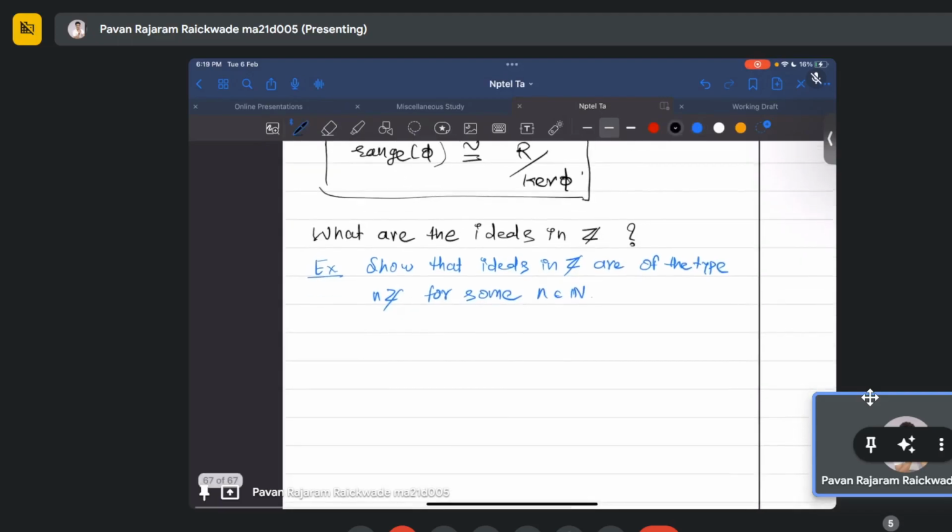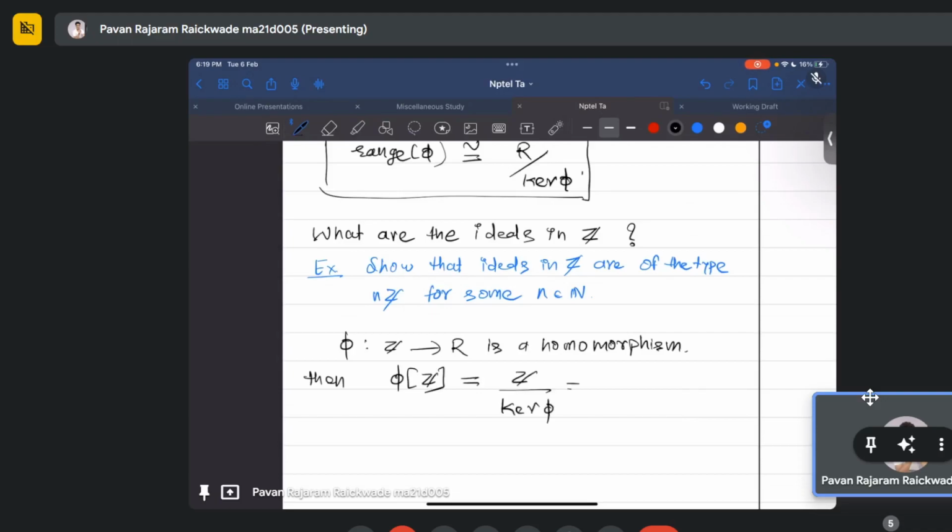So now if these are the only ideals, then suppose phi from Z to any ring R is a homomorphism, then you know the range of phi is Z quotient kernel phi. But kernel phi is an ideal, hence it is some nZ.